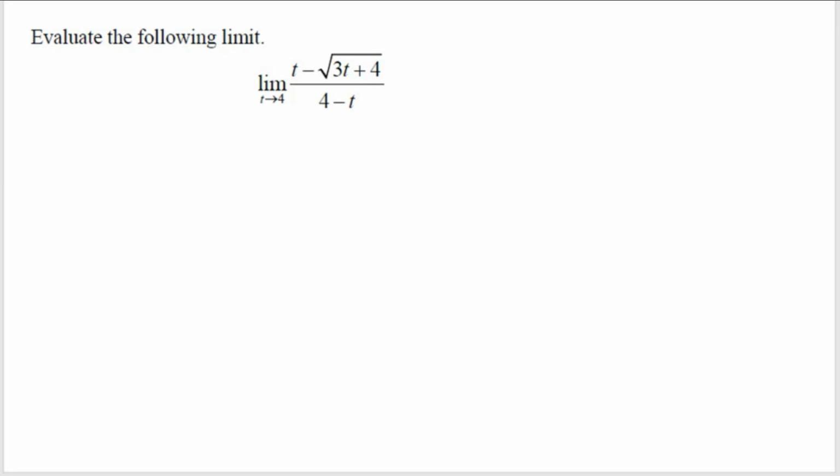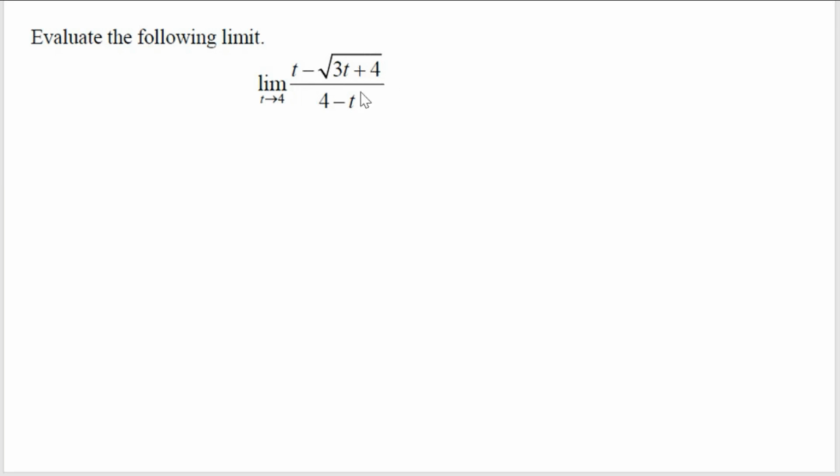Okay, so we have here the limit of t minus the square root of 3t plus 4, all over 4 minus t, as t approaches 4. So in that case, class, we are going to rationalize our numerator. In rationalizing, we multiply the numerator by its conjugate. So the conjugate of t minus the square root of 3t plus 4 is t plus the square root of 3t plus 4.